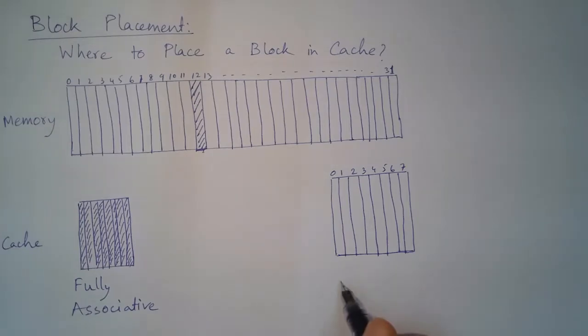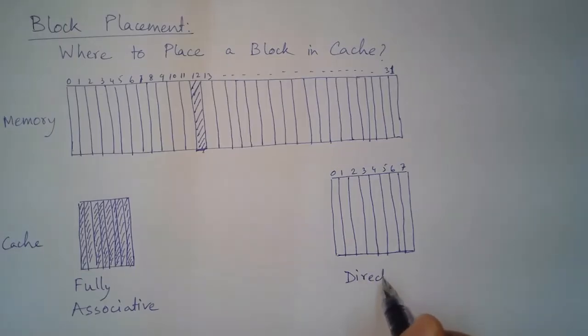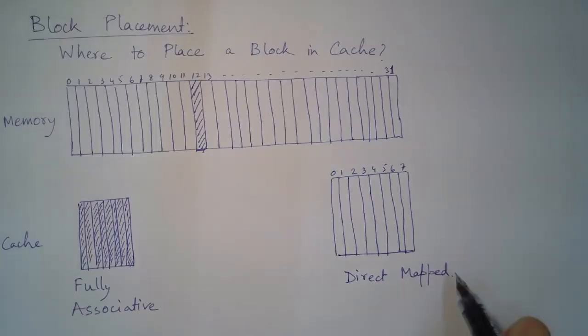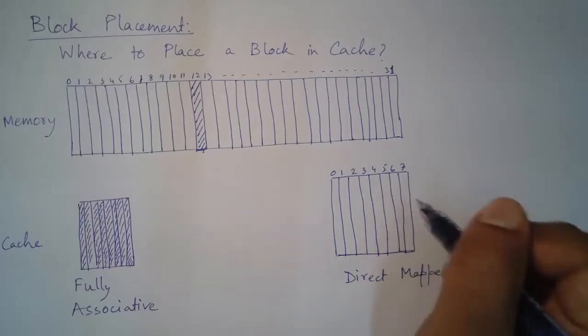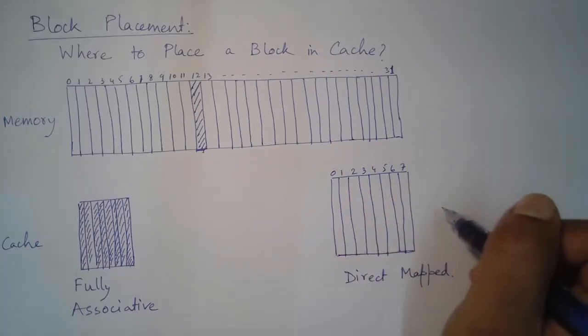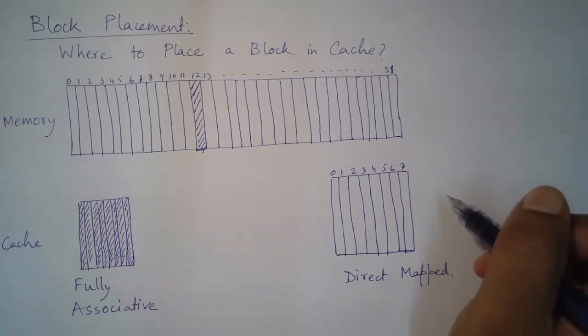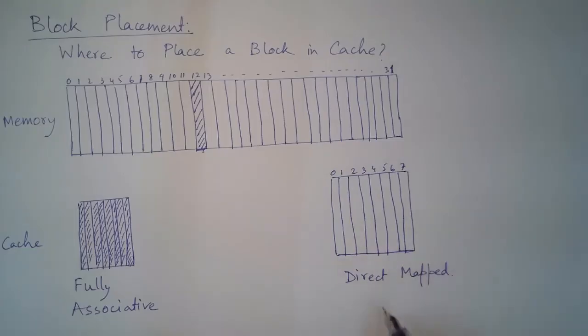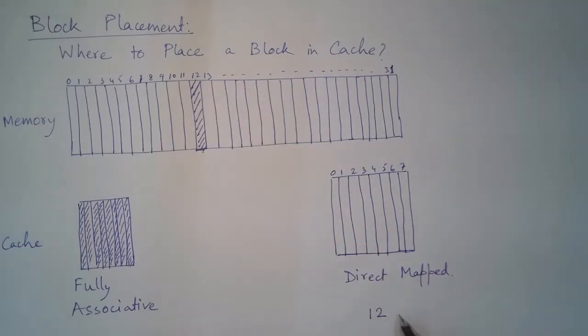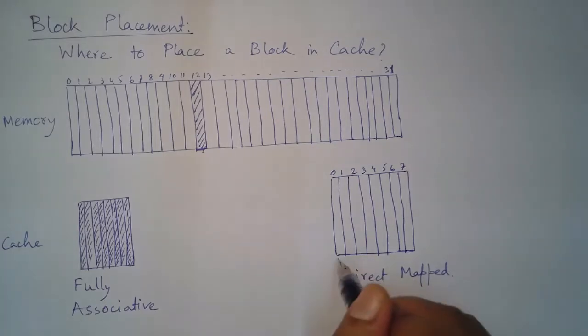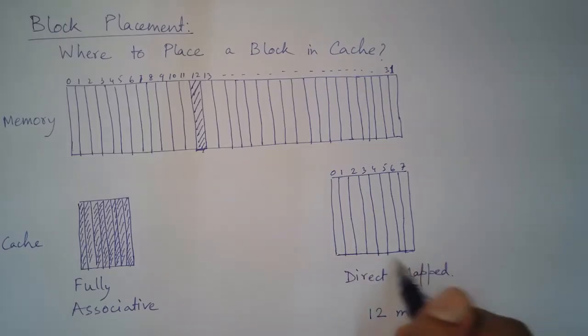So what is direct map cache? In case of direct map, block number 12 is restricted to go in a specific block among these 8 blocks. Now, how do you find which block it should go to? To figure that out, you can do a simple operation. You take the block number and perform a mod operation with the number of blocks in your cache, which is 8.